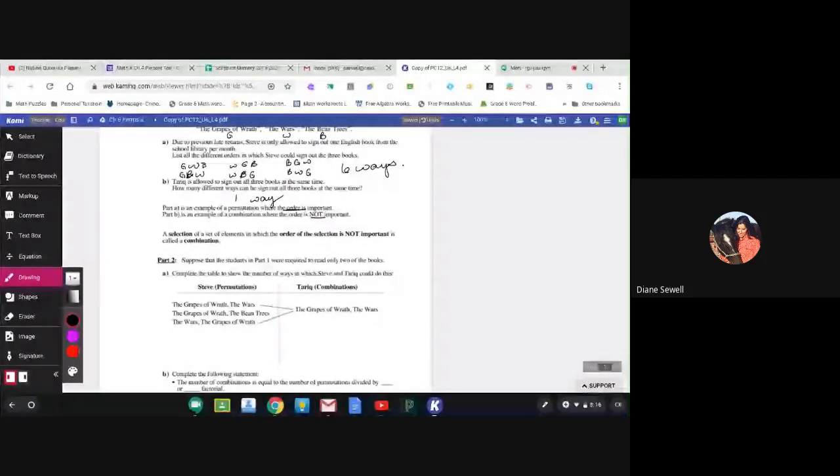Suppose that the students in part 1 were required to read only 2 of the books. Okay, so if we just did our combinations here that we had up there, we could have the Wars and the Beans. We could have the Beans and the Grapes of Wrath. We could have the Beans and the Wars. I think that's all we could do.